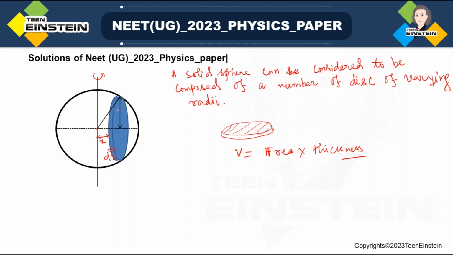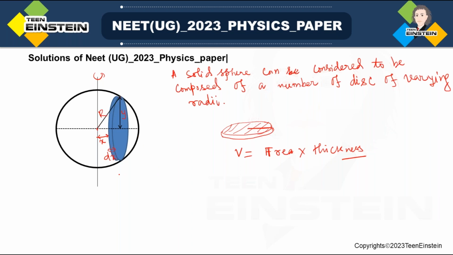In this case, let us say this distance y is the radius of the disk. If I know the radius, then finding the area will not be a difficult job, and we know the thickness dx over here. And this distance is r, the radius of the sphere.